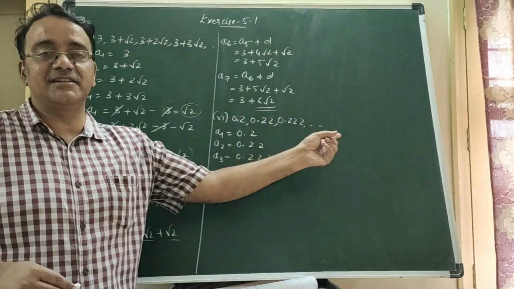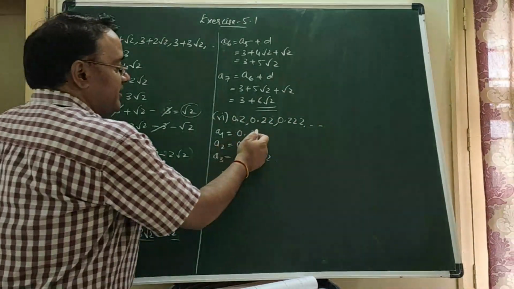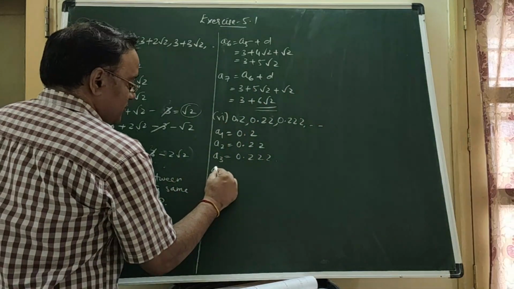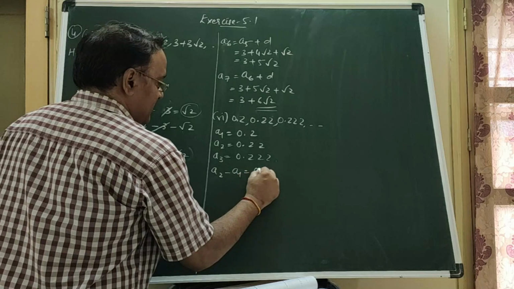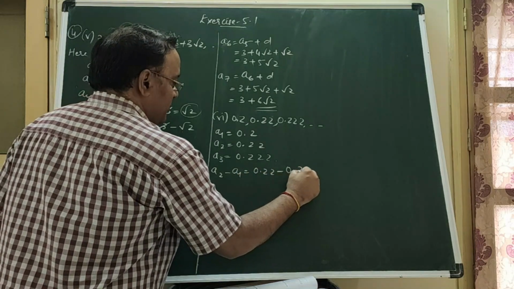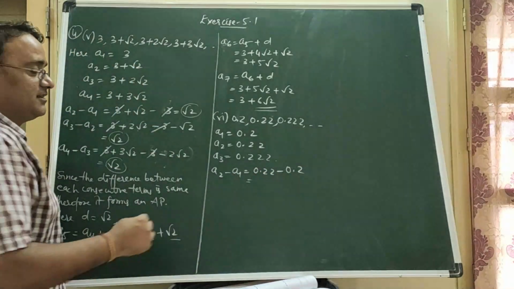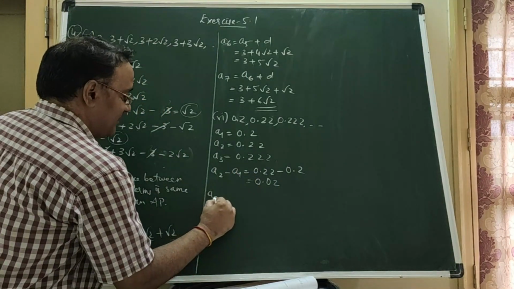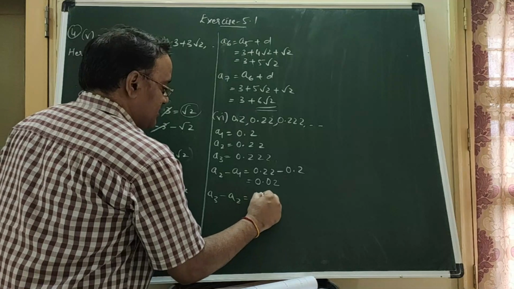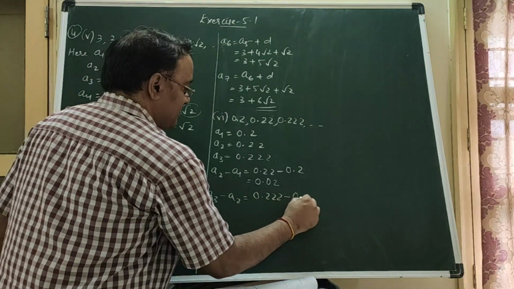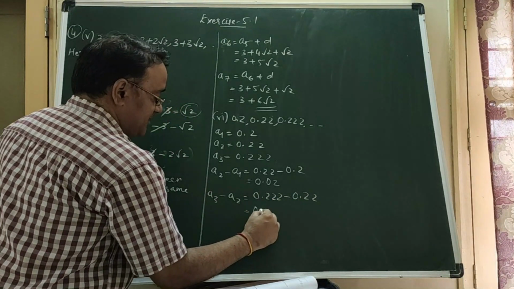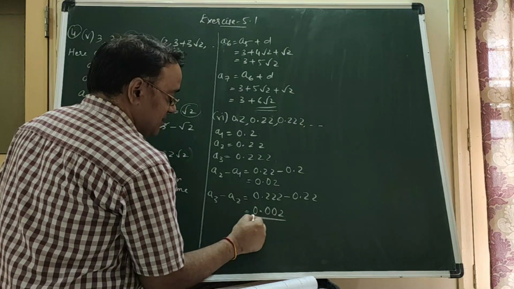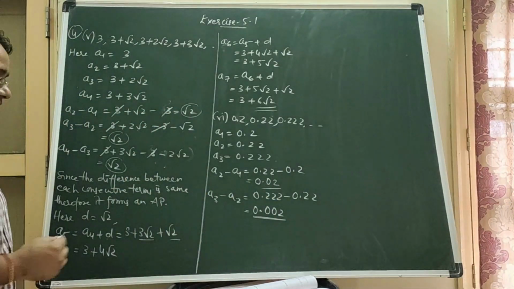That is why I am not writing the fourth term. I saw the difference is different right here. So a2 minus a1, 0.22 minus 0.2. How much are we getting? 0.02. Now a3 minus a2, 0.222 minus 0.22. The difference is 0.002. See, these two are not equal to each other.